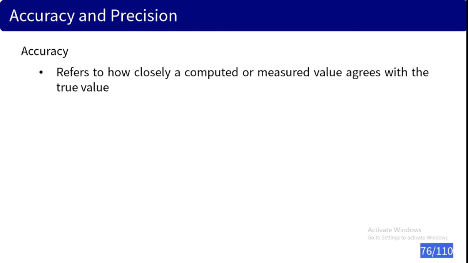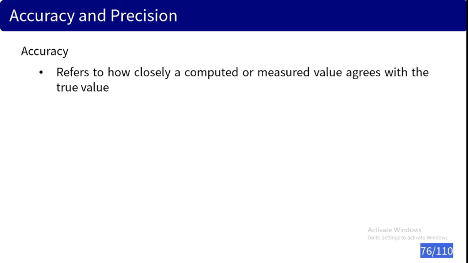Accuracy refers to how closely a computed or measured value agrees with the true value. Okay, so accuracy is how close or how far our approximation is to the true value.